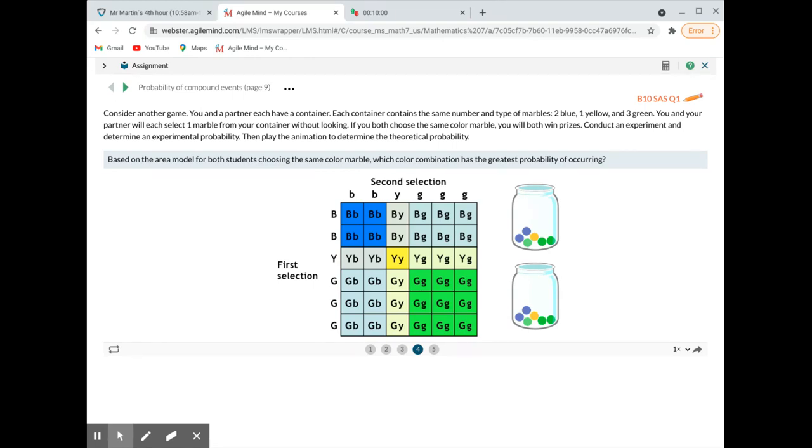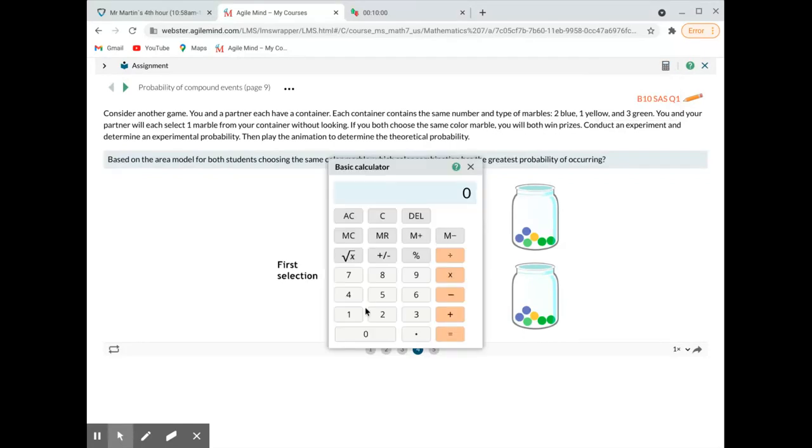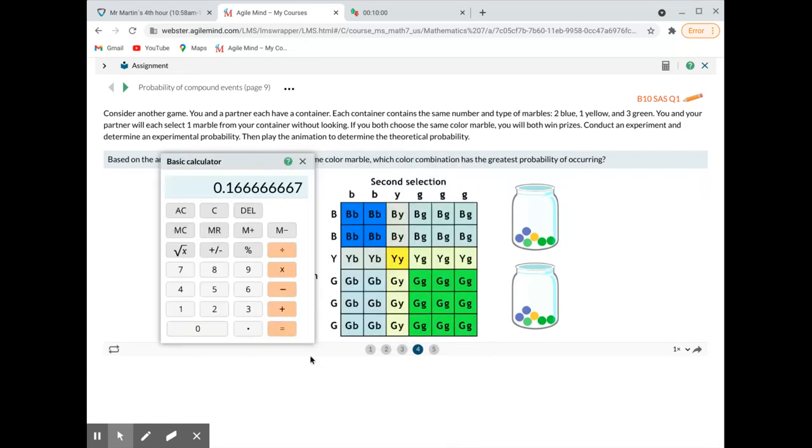And so 1 divided by 6 is what? What's 1 divided by 6? How many percent would that be? Come on, class, let's participate. 16%? Yeah, 16%, 17%, it's right there.